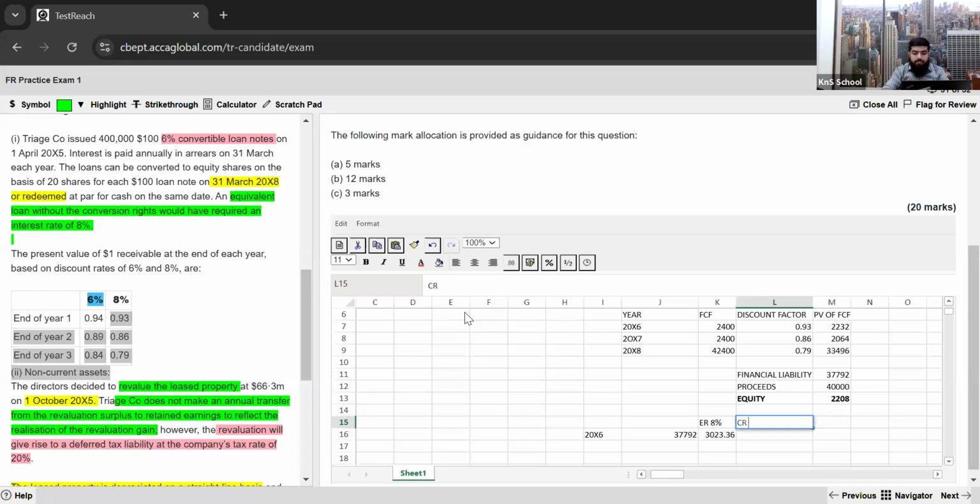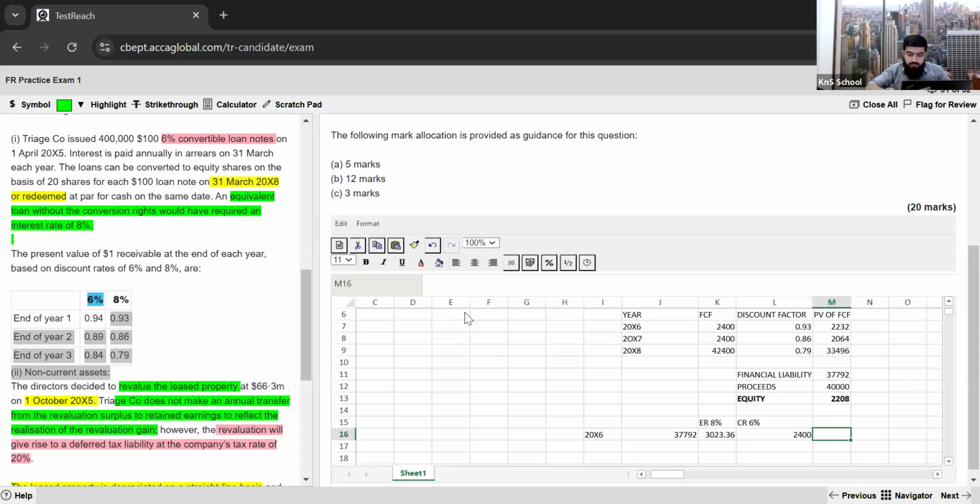Then I'm going to deduct the coupon, which is 6%, which means 37792 plus 3023 minus the coupon. The coupon will be applied on the par value, which is 400 multiplied by 100 multiplied by 6%.